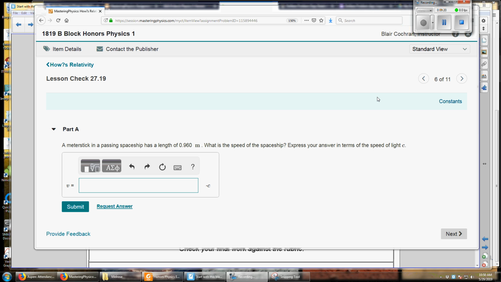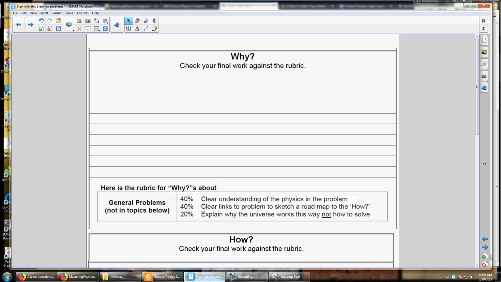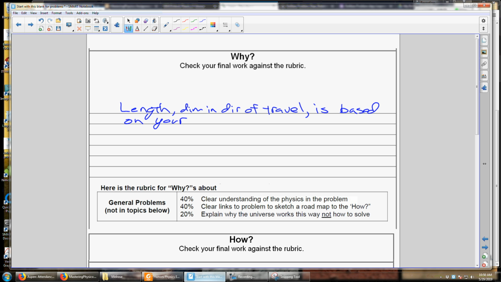So I'm going to start off with the idea that length, measured in the direction of travel, is based on your frame of reference.